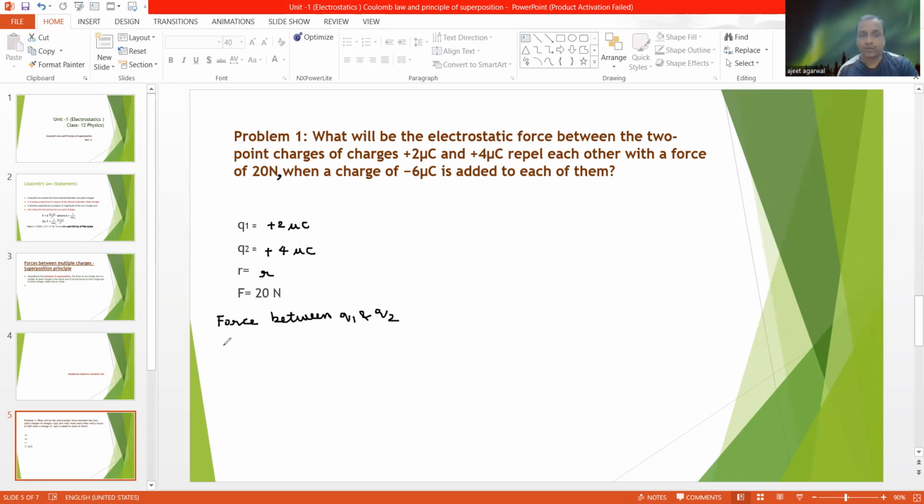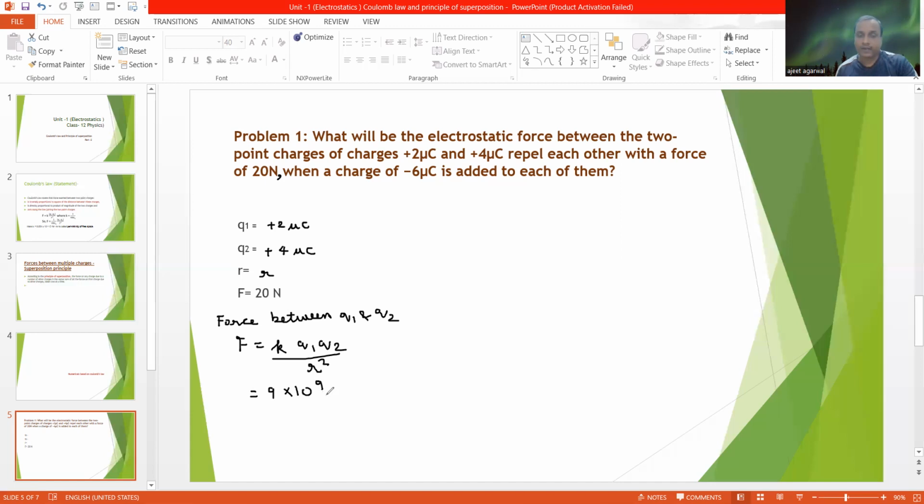By Coulomb's law, the formula for force is F equals K Q1 Q2 upon R square. The K will remain K, Q2 into Q1 upon R square. The value of the constant is 9 multiplied by 10 to the power 9. Again, if you have to calculate the unit of K, then shift R square and Q1 Q2 to the left side.